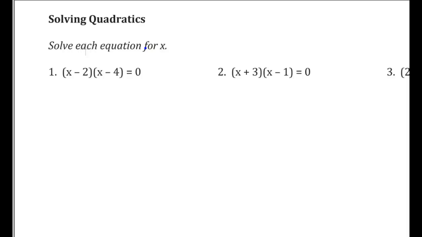So let's do a few of these together. So remember, if two things multiply, then one of them or both of them equals 0.